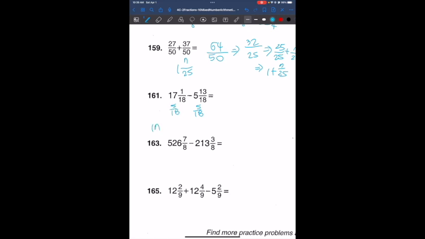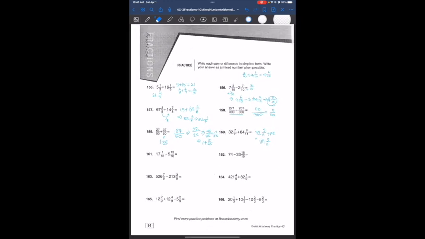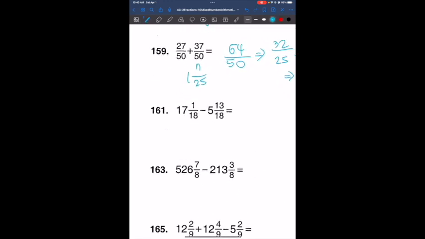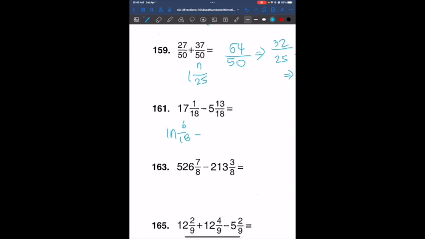And so it's going to be 17 and 6/18 minus 6.